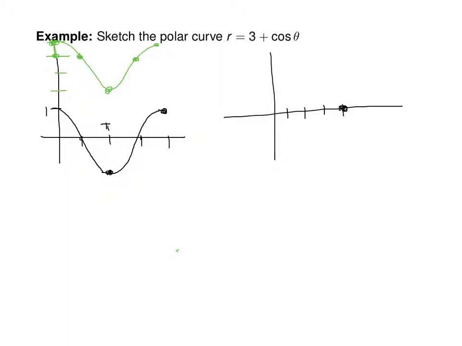By pi over 2, we are a distance of 3 away. By pi, we're a distance of 2. By 3 pi over 2, we're back to 3. And by 2 pi, we're back there.